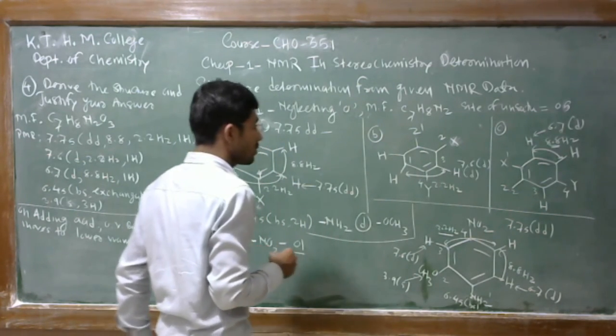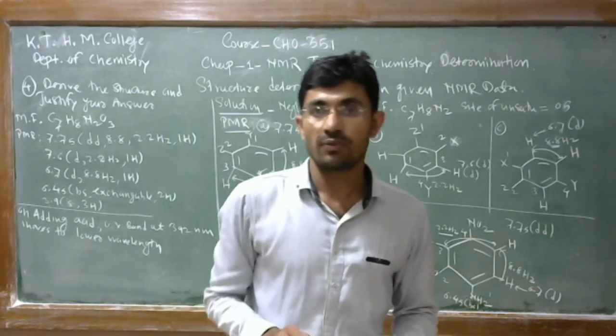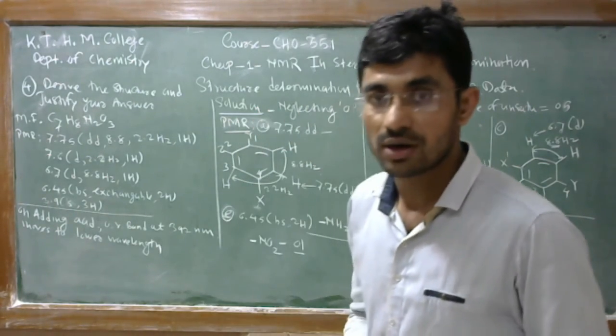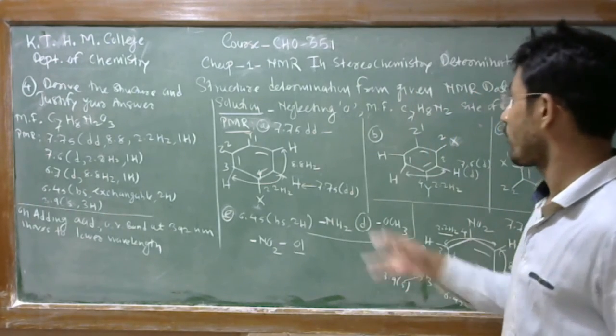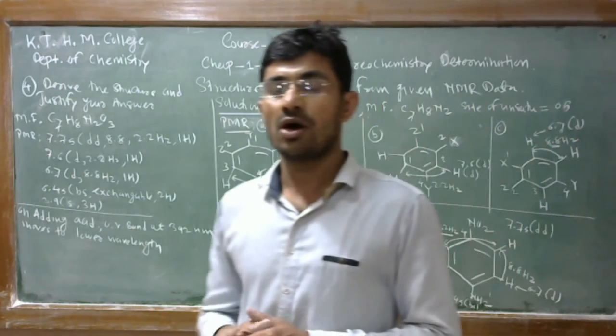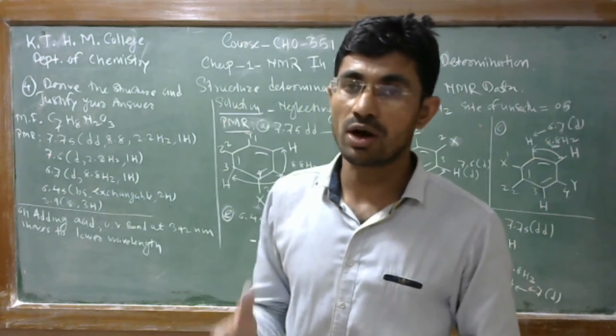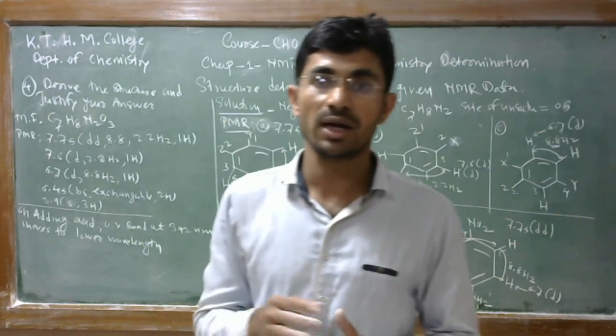So in this way we can conclude the possible structure from this given NMR data. So this is all about how to solve the problem based on structure determination from given NMR data.